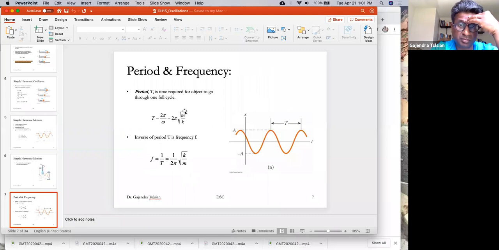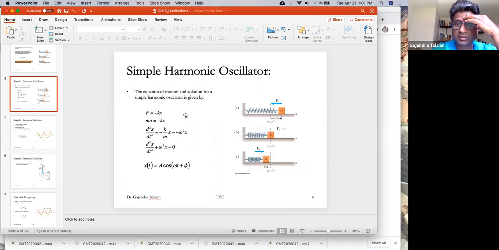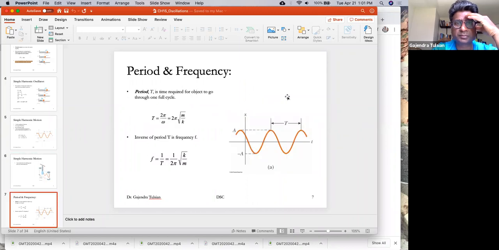Anyway, so here's the period for an ideal spring, 2 pi times square root of m over k. And this makes sense. So let's make sure that it makes sense. The greater the mass attached to a spring, you think that it would take longer to oscillate. The stiffer the spring, the stronger the spring, the faster it would oscillate. And that's what that equation tells you.